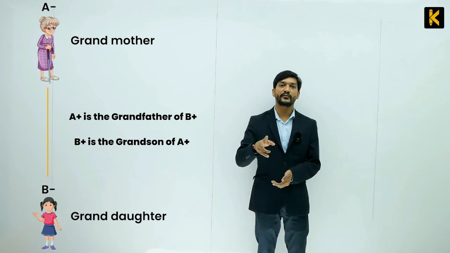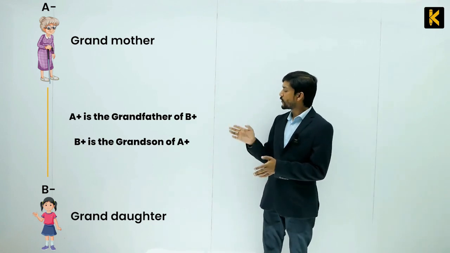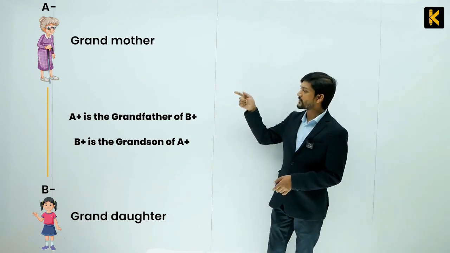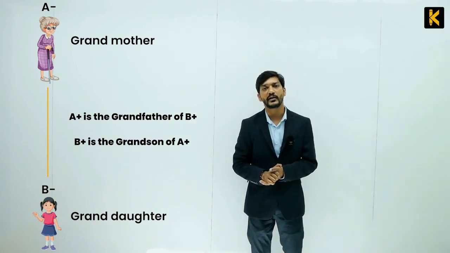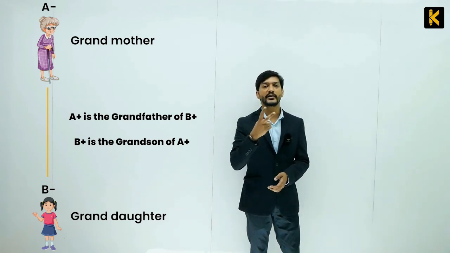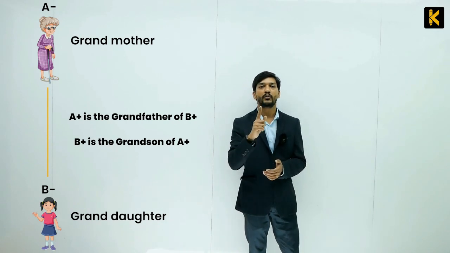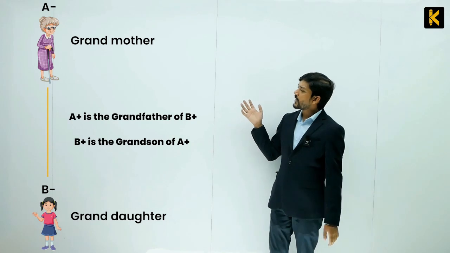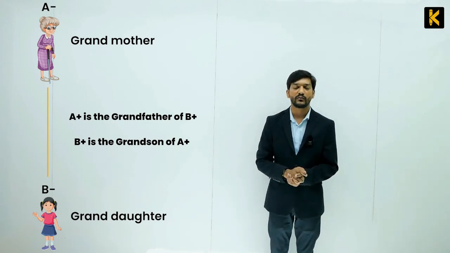So the relation will change if the gender changes. But what I wanted to say is that A single line B will not always mean a father-son relation. If I draw a big line, it means two generation gap. If I draw a small line, it means one generation gap. I hope things are very clear about how one symbol takes care of all of them.